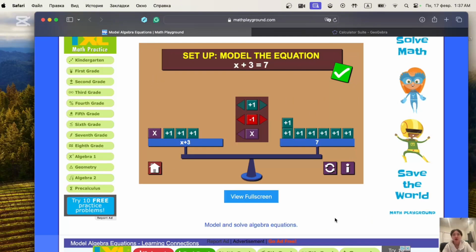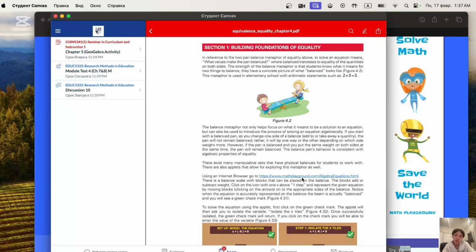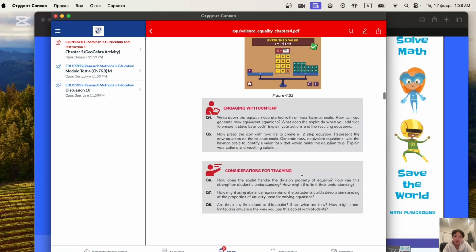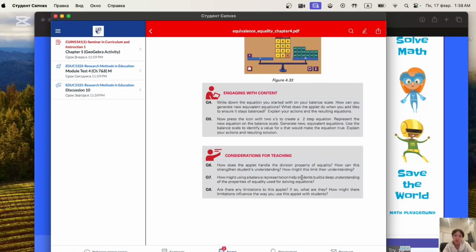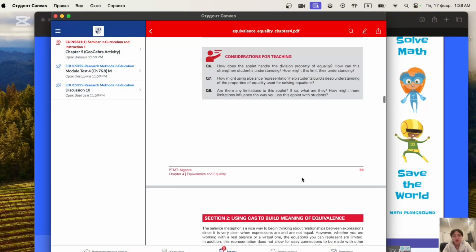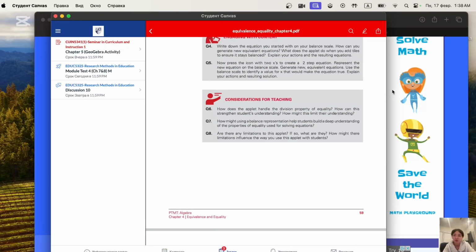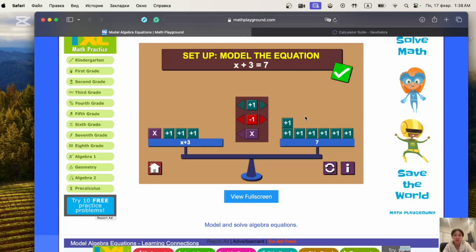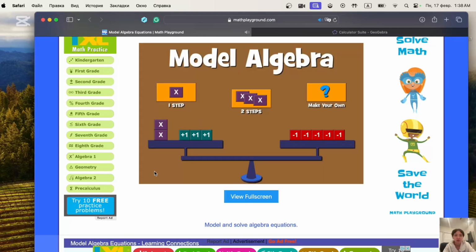Let's go through our next question. Question number 5. We need to press the icon with 2x.